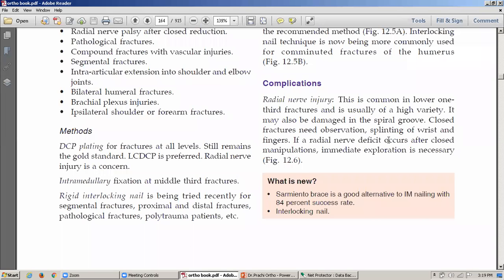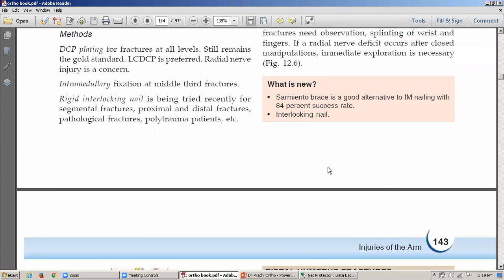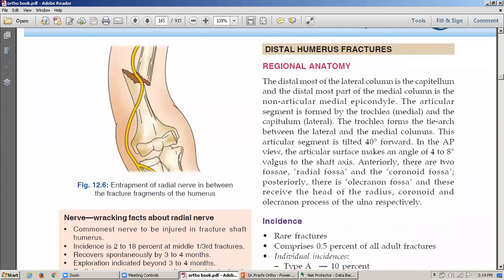If a radial nerve defect occurs after a closed manipulation, then immediate exploration is necessary. So, Sarmiento brace is a good alternative to IM nailing with an 84% success rate, and the interlocking nail is also a useful method nowadays.